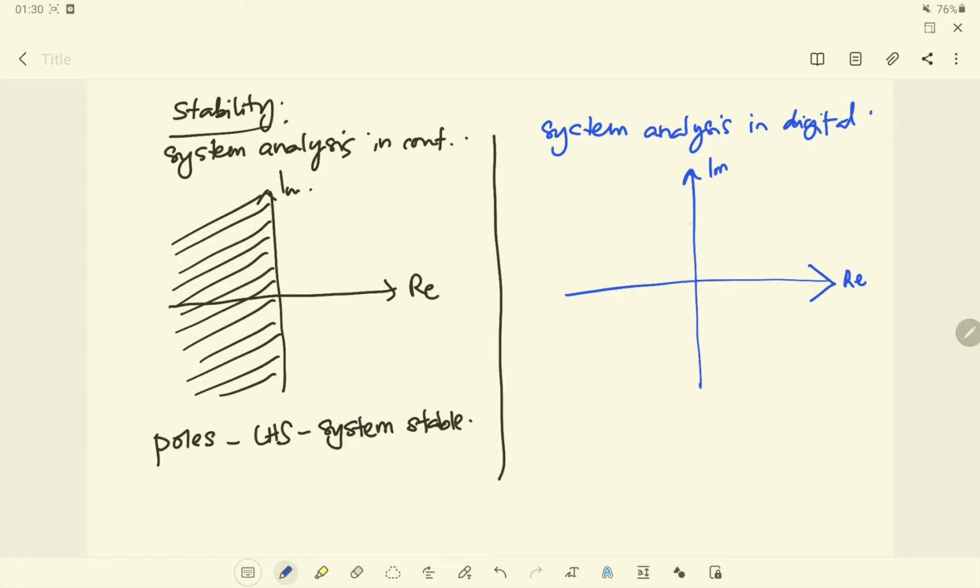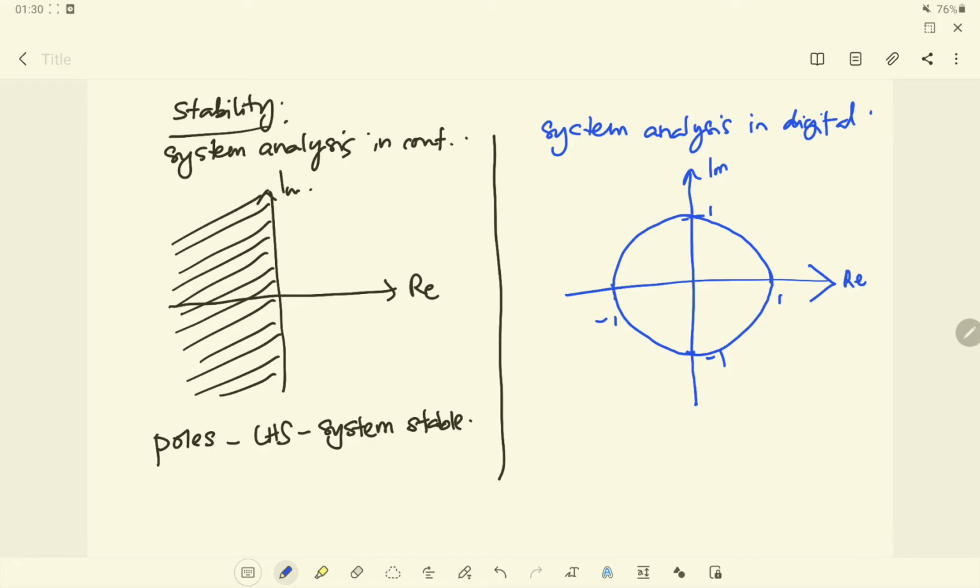So here is 1, 1, negative 1, negative 1. We call it the unity circle.